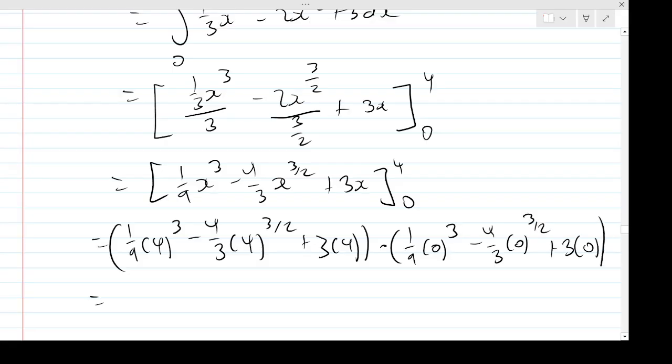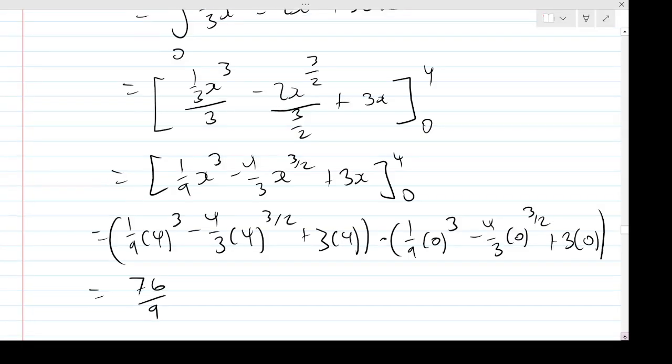So if I put that in a calculator, I get 76 over 9. Okay, so that's the area under the curve.